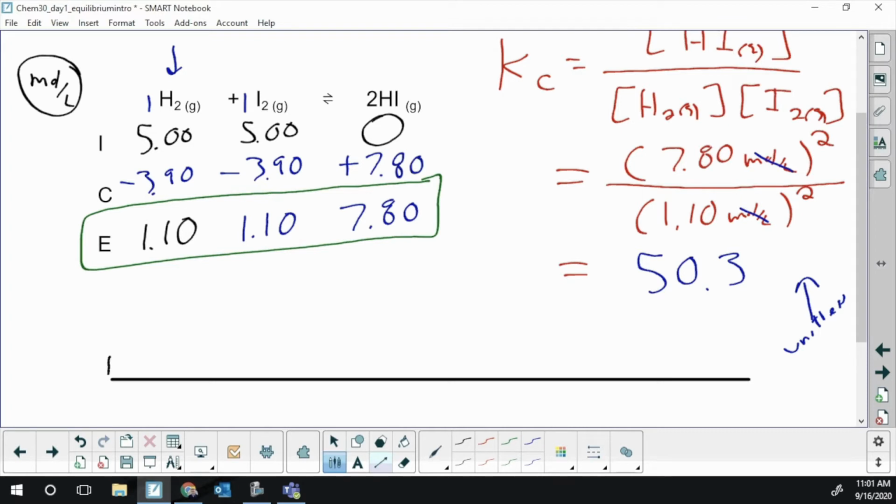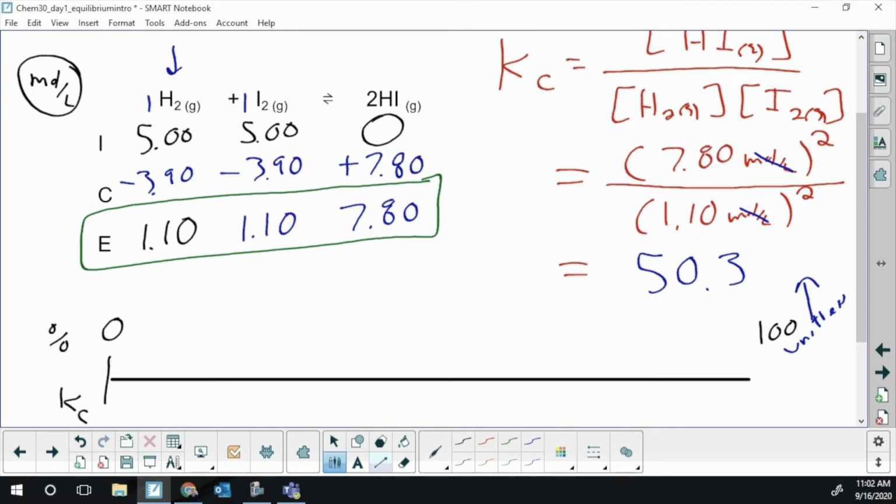I'm going to put Kc on the bottom and percent yield on the top. The smallest percent we could have is 0, and the biggest percent we could have would be 100. So no products at all, to all products.